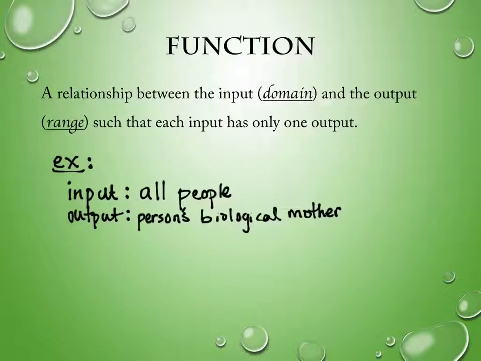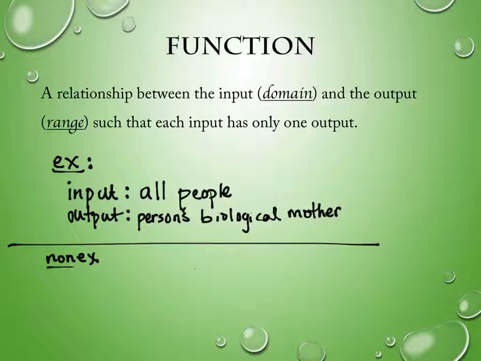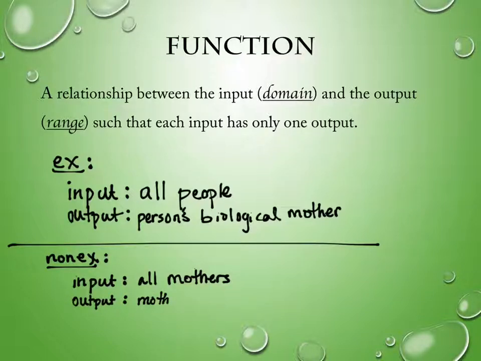But if I flip it, I would have a non-example. It's not exactly flipped because it's got to make sense, but I'm going to take my input as all mothers. So we're going to just take mothers as the input. And then the output would be that mother's biological child.